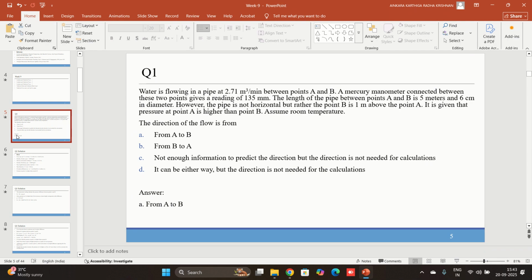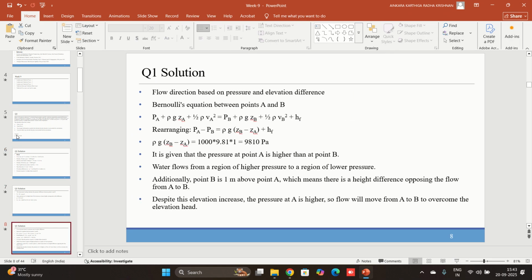We found that even though point B is higher than point A, pressure at point A is greater than pressure at point B. So direction of fluid flow will be from the higher pressure region to the lower pressure region, from A to B. We also saw how the pressure between 2 points is calculated using the manometer, and we got the answer.